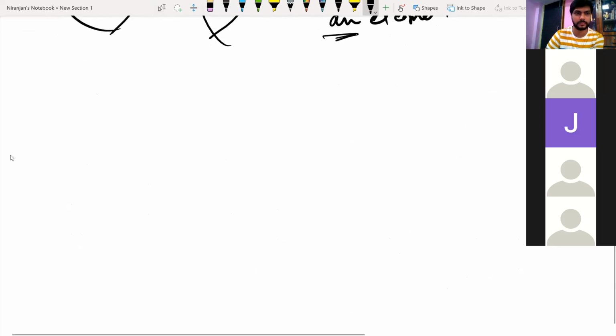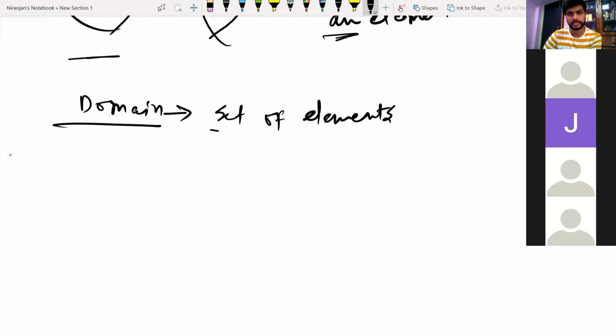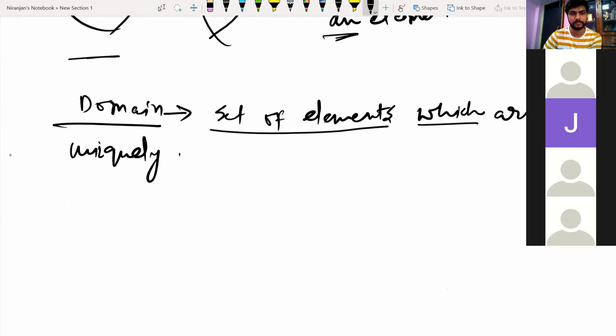Now, what do you mean by domain? So the domain is basically this set. The set of elements which are uniquely related.